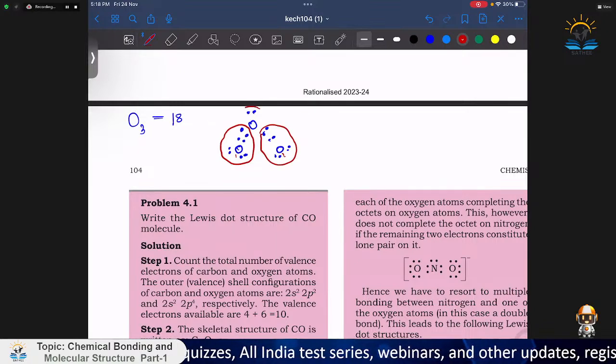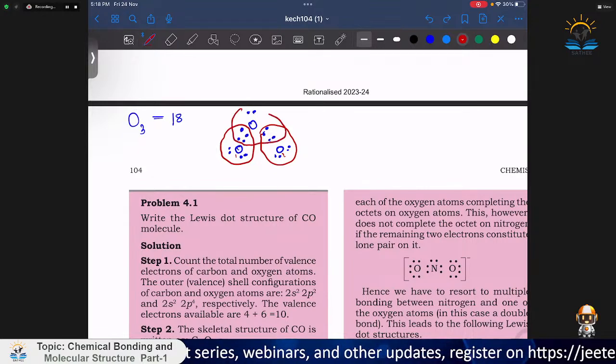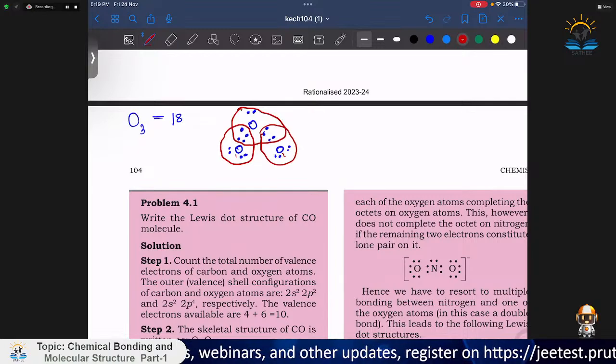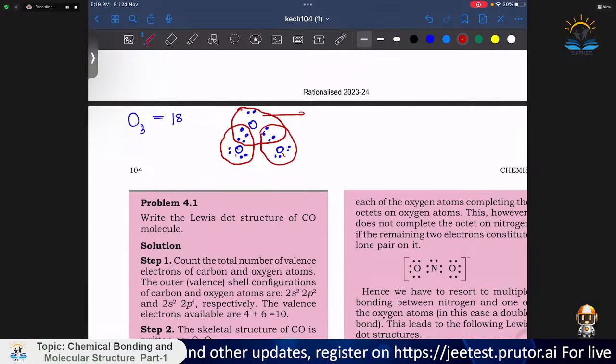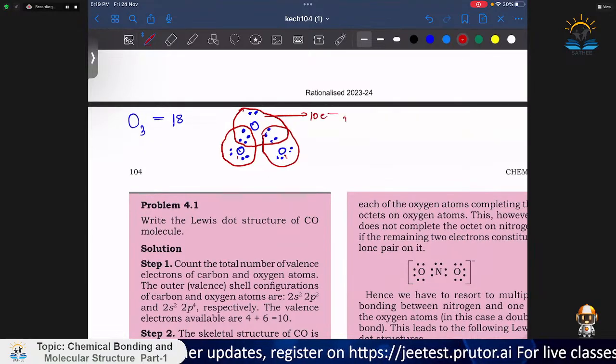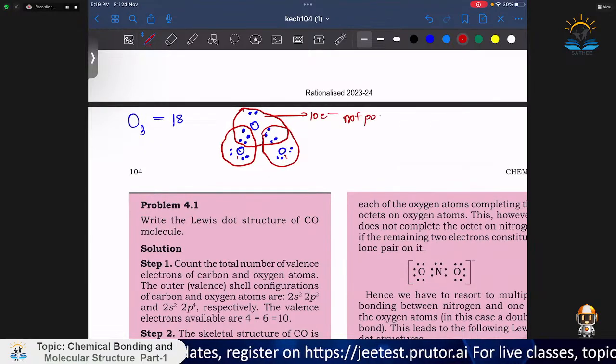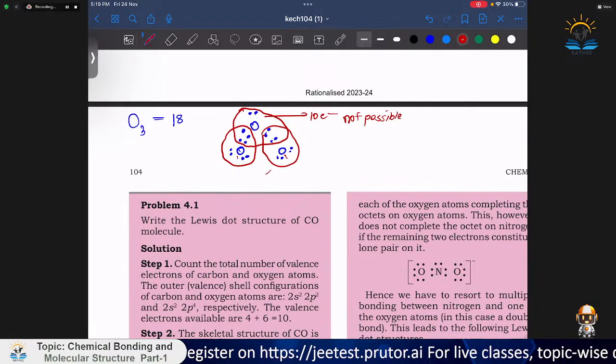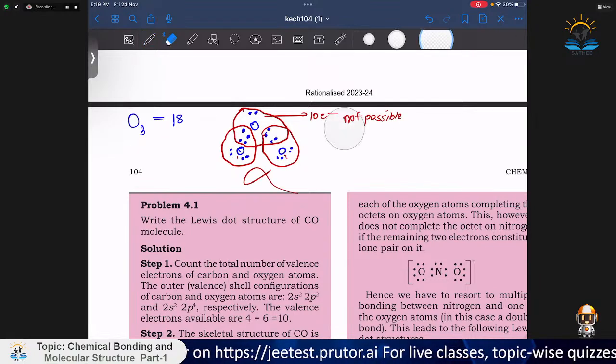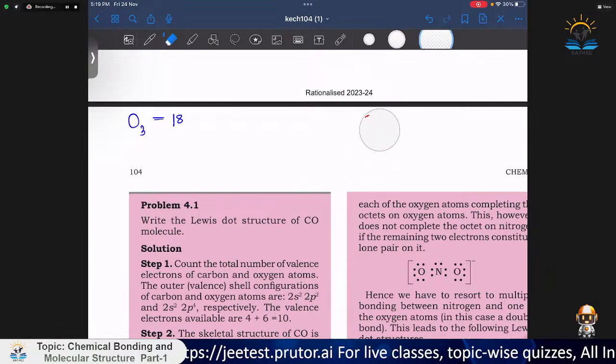But you see the third one is getting extra electrons. It has 10 electrons, which is not possible. So it is a bit tricky. This is not the correct structure of ozone. We will try to see why.